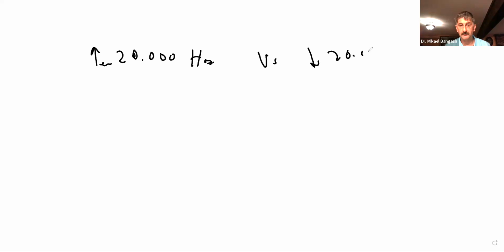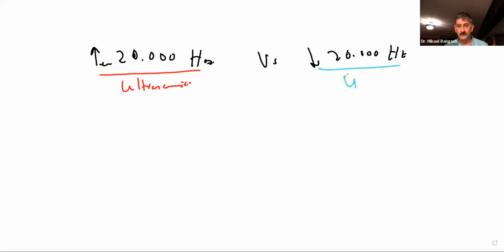So we have a wave which has a frequency greater than 20,000 hertz, and a frequency less than 20,000 hertz. This one here was what we thought was in the ultrasonic range, and this one here is in the audible range.